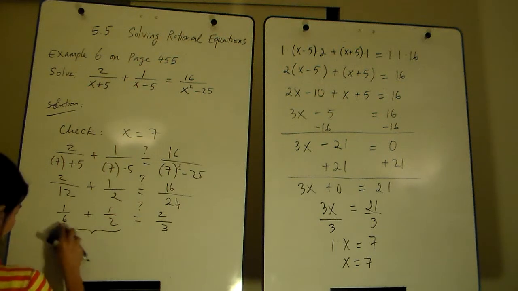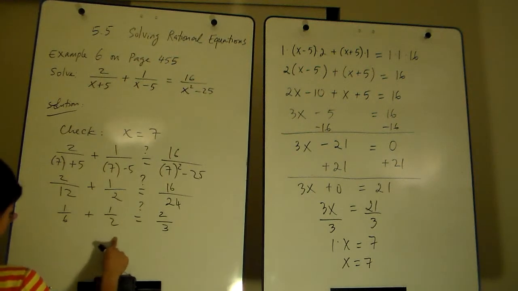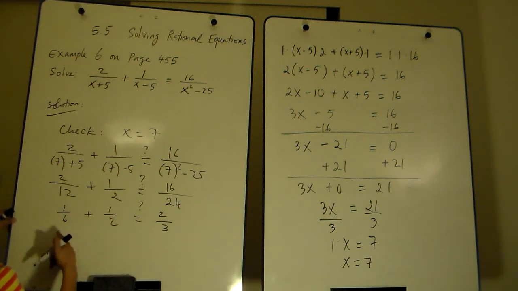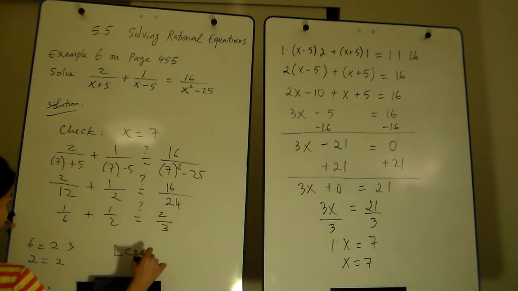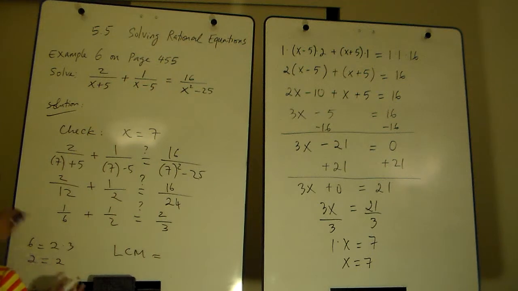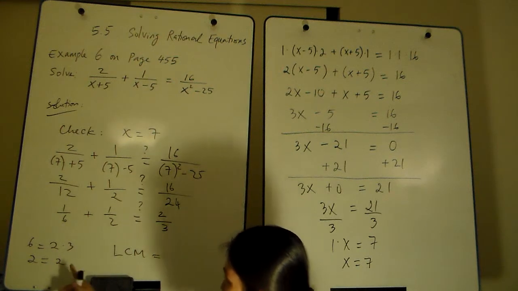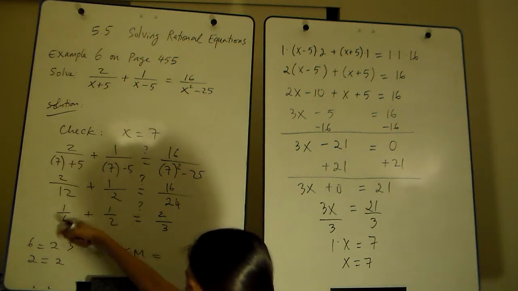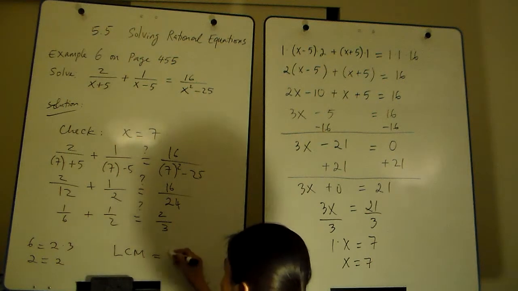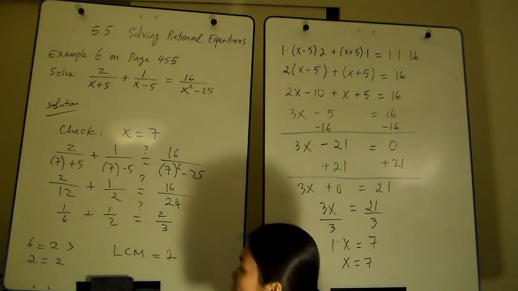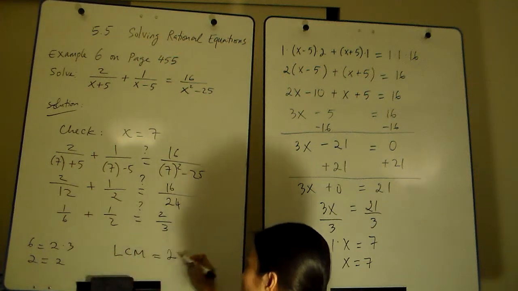To combine these two fractions, same method, okay? The LCD is 6, because 6 is equal to 2 times 3, and the denominator 2 is just 2. To find the LCM of denominators 6 and 2, you look at all the factors in both denominators. 2 happens only one time, because 2 is to the first power. 3 occurs only one time because it is raised to the first power.